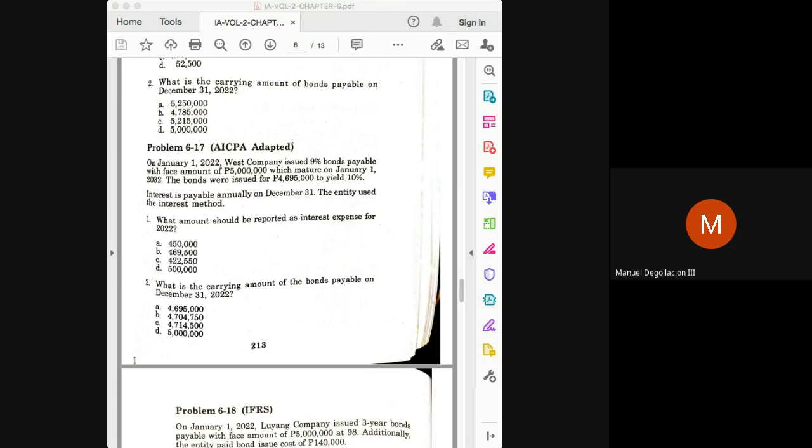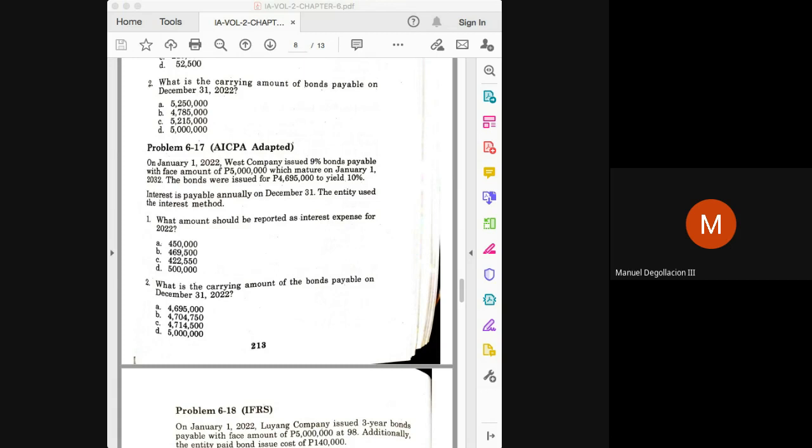Next is compute for the interest expense. Under the straight line method, the amortization of the discount will represent additional interest expense. In addition to what? It will be in addition to the fixed interest payment. How much is the interest payment in this problem? It's 450,000, based on the 9% interest.